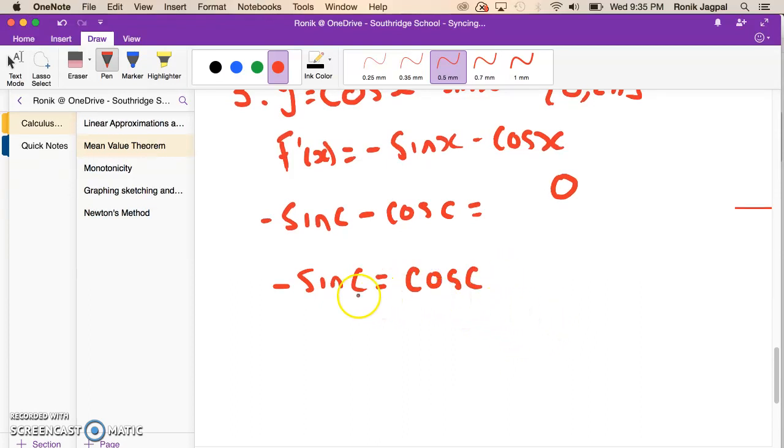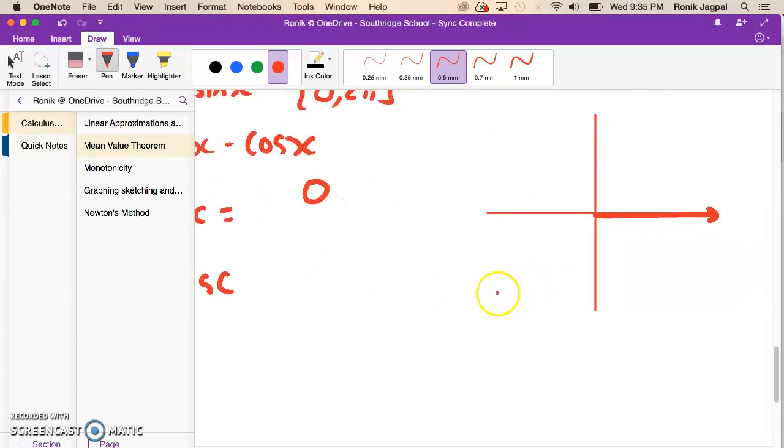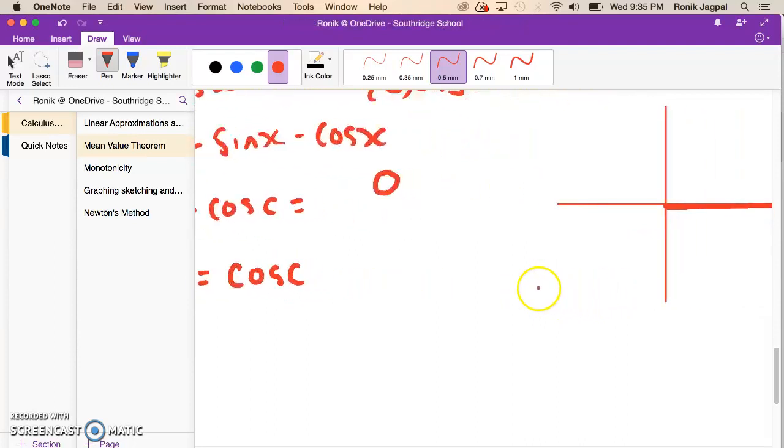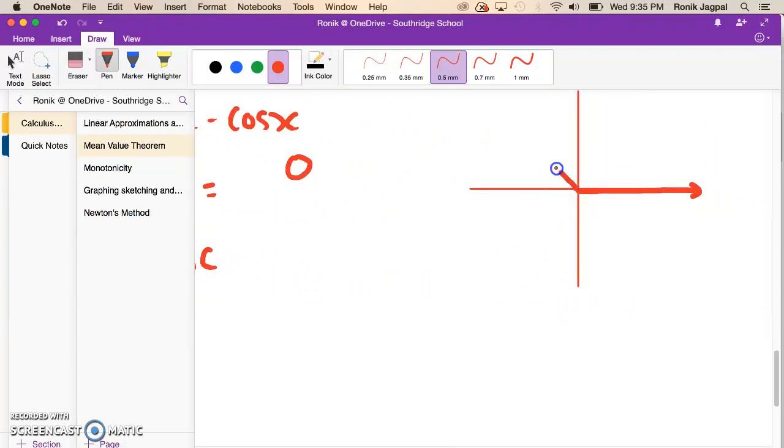So our negative sine c has to be equal to our cos c, and on our unit circle we have two points where that is true, at our 45-degree angle here and then our 45-degree angle here.